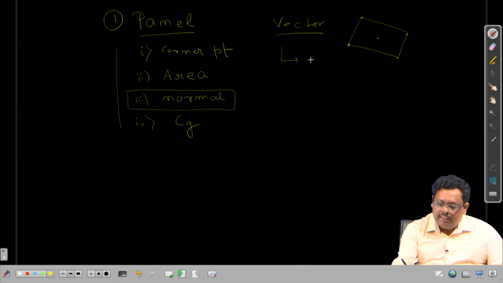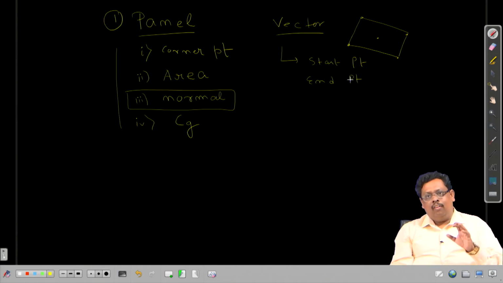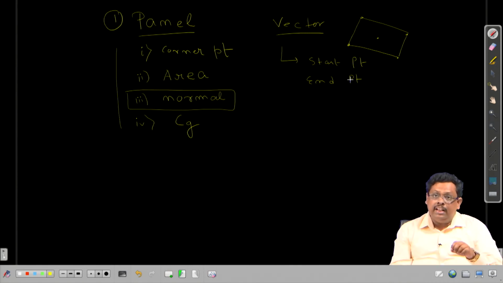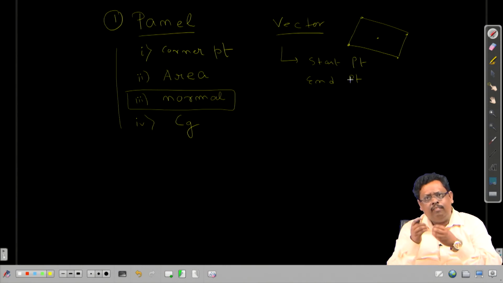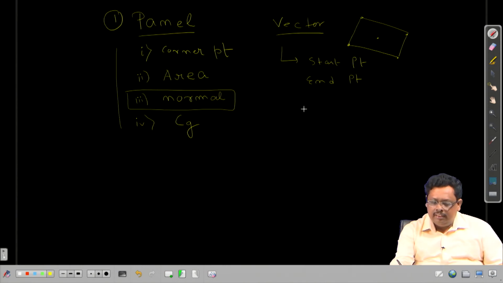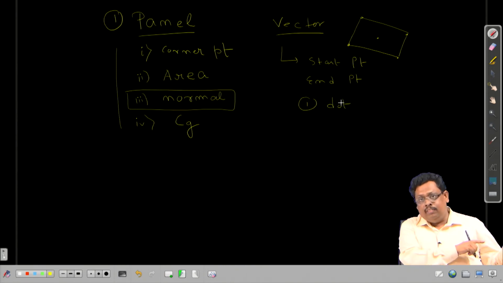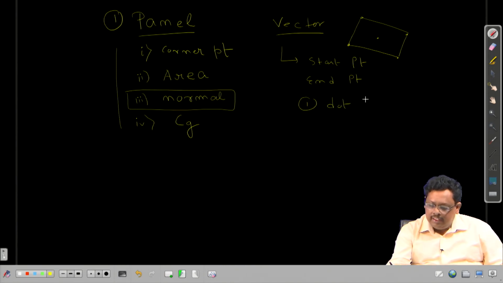So, in this vector you can have something called the start point and something called the end point, right. And also once you draw the vector, you have to write some primitive functions. What are the functions? For example, dot product, because you have to do the dot product if you remember. So, I am writing dot product.